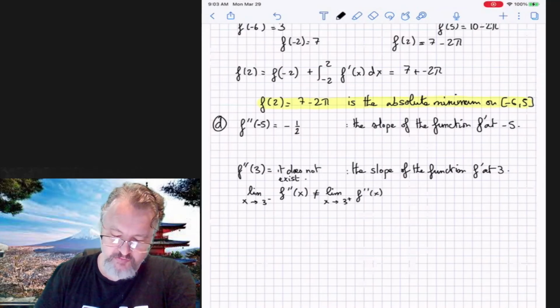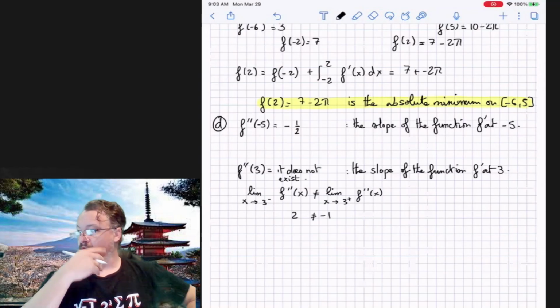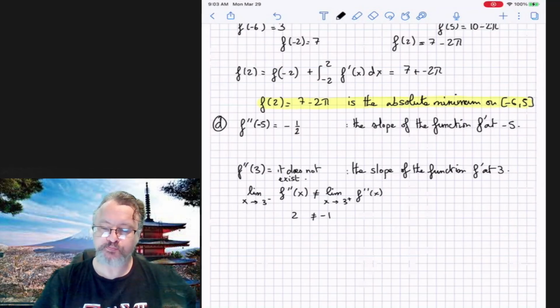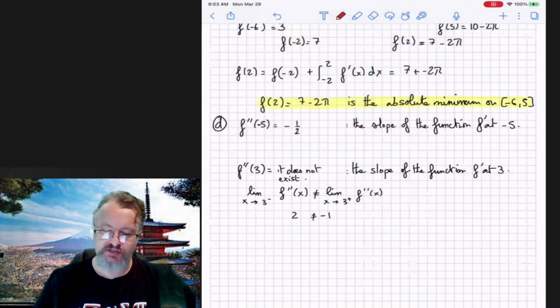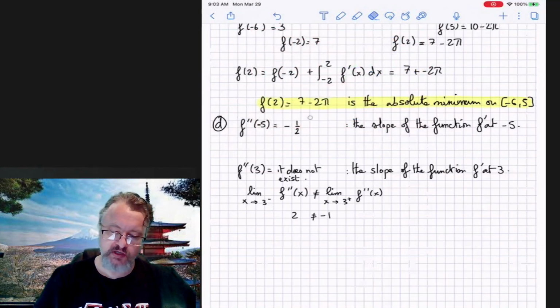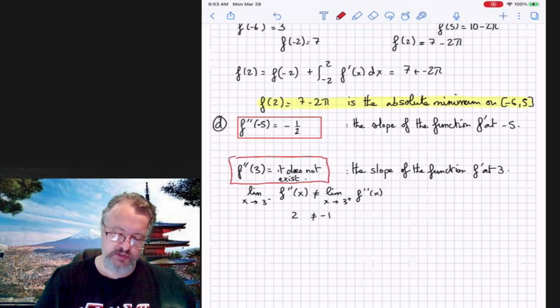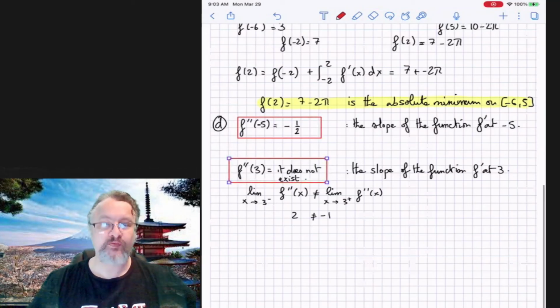You could say something maybe like 2 is not equal to -1. Okay, and hopefully this will be good enough to give you full credit on this kind of problem. So the answer to this one is -1/2, and the answer to this one is the slope doesn't exist.